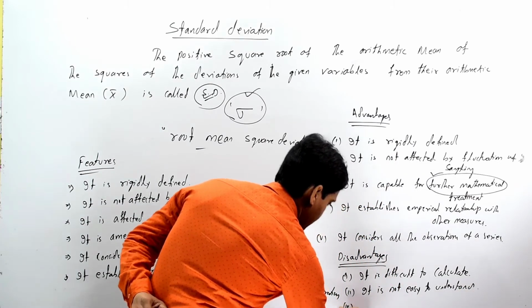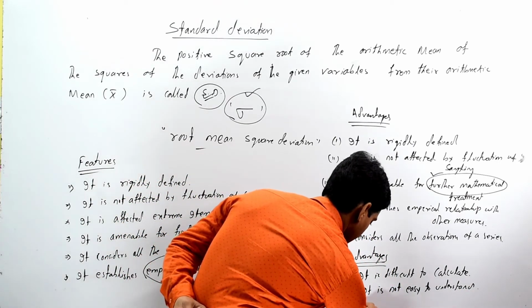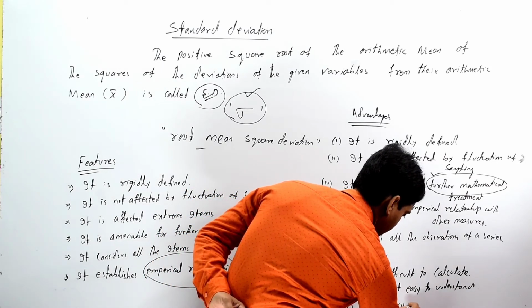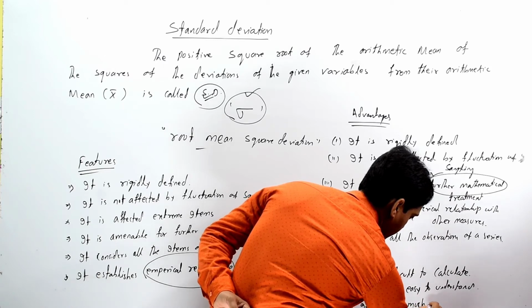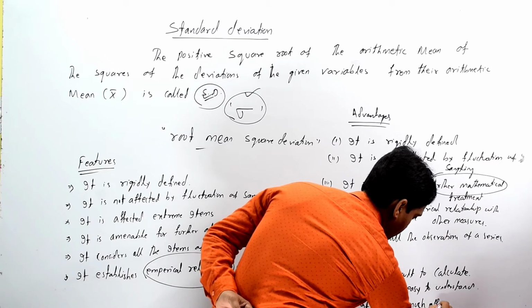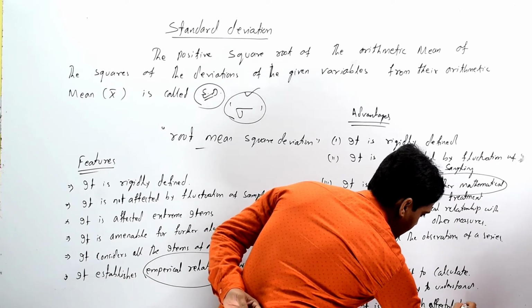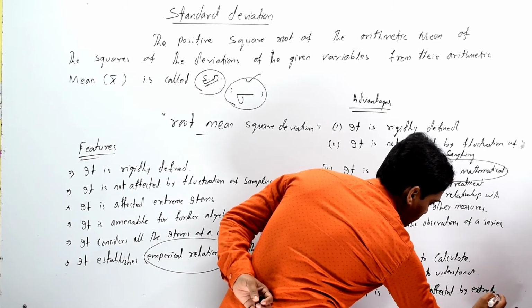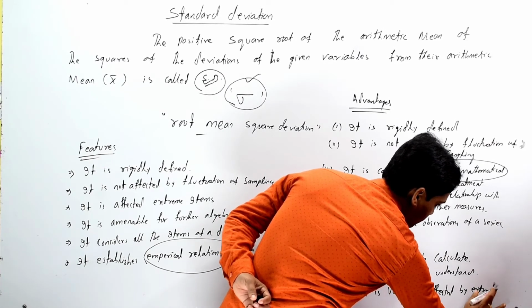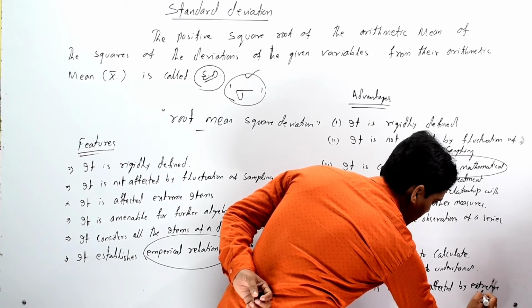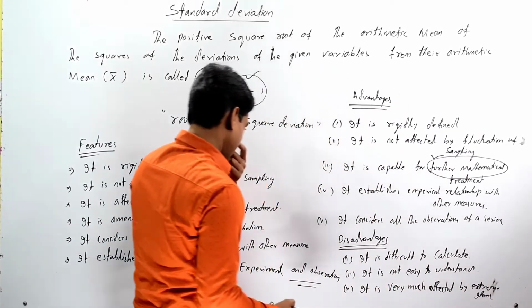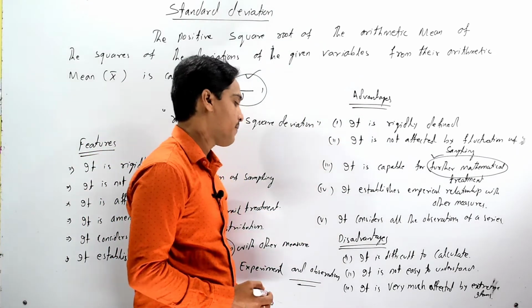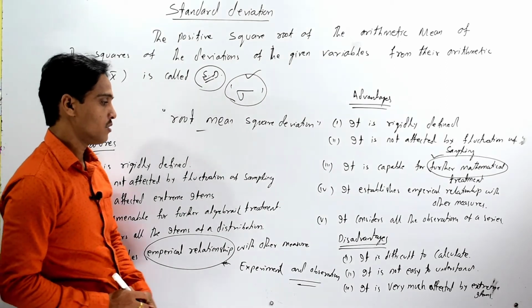Then our next disadvantage is it is very much affected by extreme items. So these are the disadvantages of standard deviation.